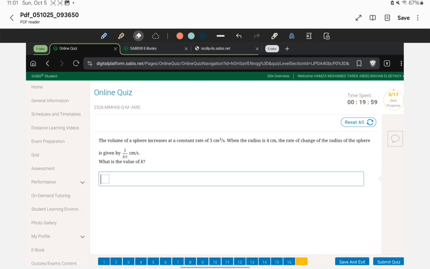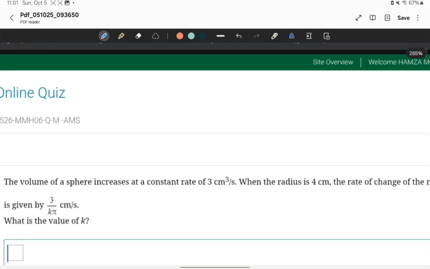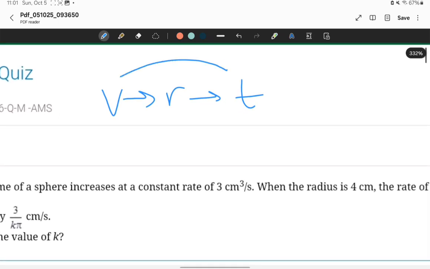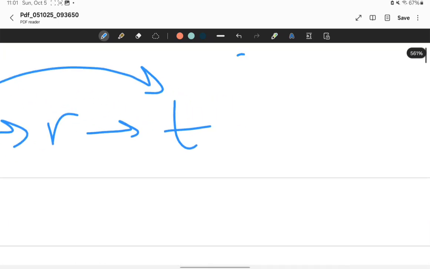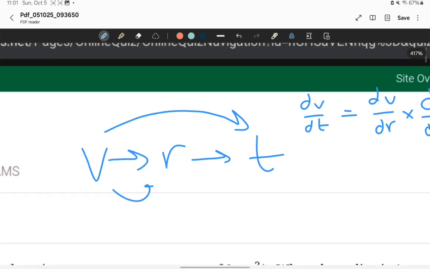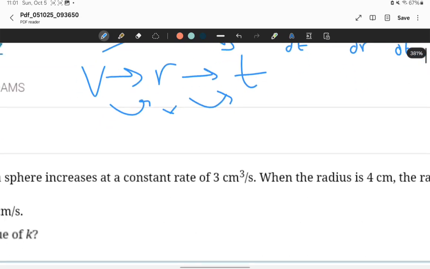Okay, last question. Same thing with this question: the volume depends on our radius, which depends on our time. So this big one is going to be dV/dt, which is dV/dr times dr/dt, right? Because it's this times this.